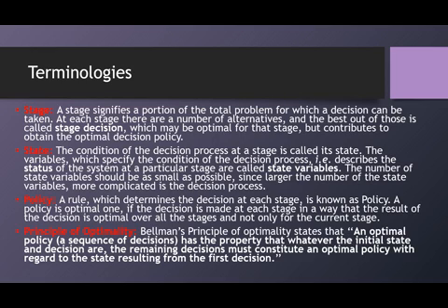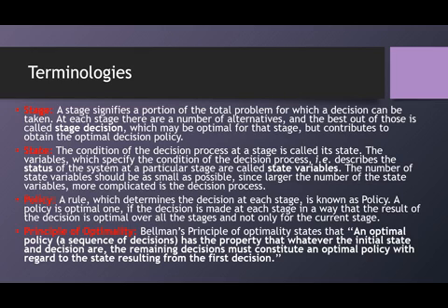So coming to the next term called policy. Policy is nothing but a rule which determines the decision at each stage. What the decision will be at each stage is described using a particular rule.